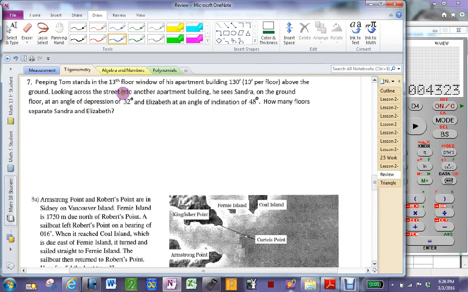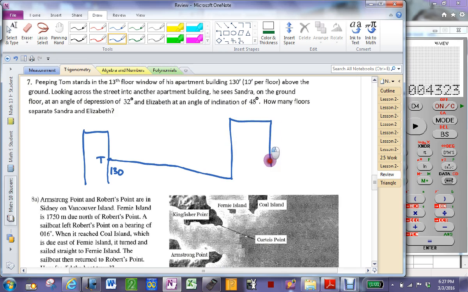So now we got Peeping Tom on the 13th floor of his apartment building. There's Tom. And he is 130. He looks across the street and sees Sandra on the ground floor at an angle of depression of 32. So there's 32 right there.